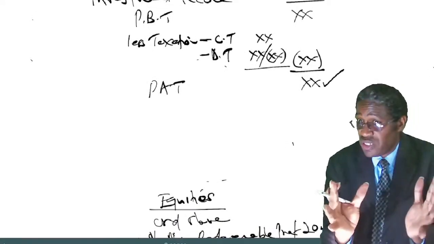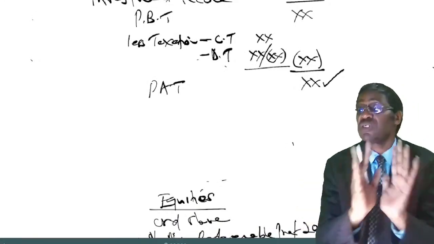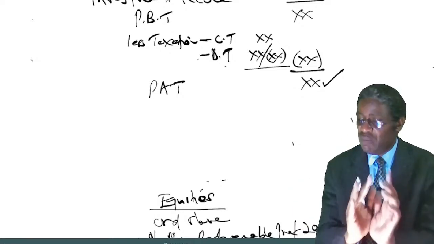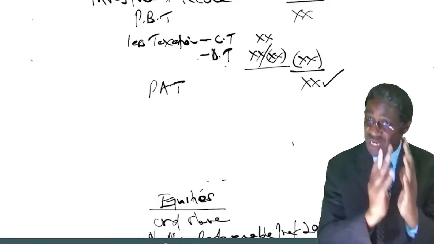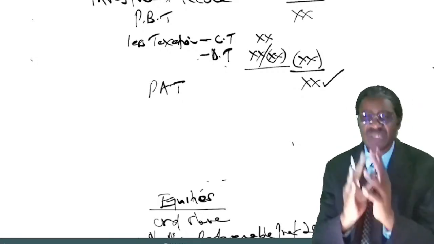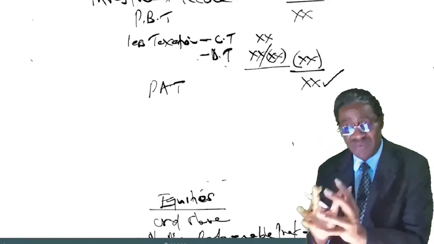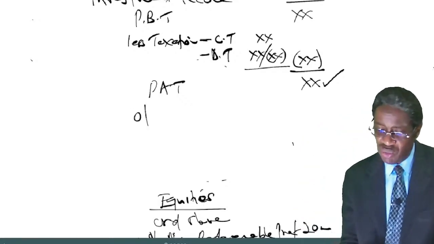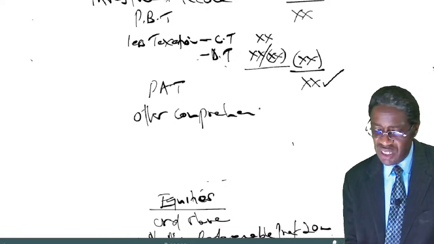If the question says number A, income statement, then you stop after getting profit after tax. But if the question says number A, prepare a statement of comprehensive income, then from there, you now come and show what you used to call other comprehensive incomes.